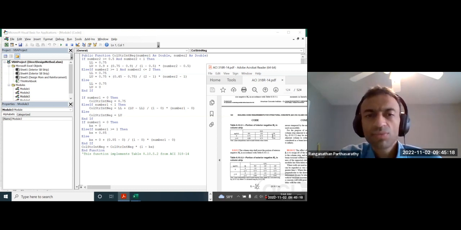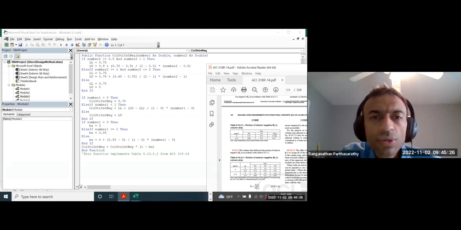Else, if it is more than 2, the upper limit is just 0.